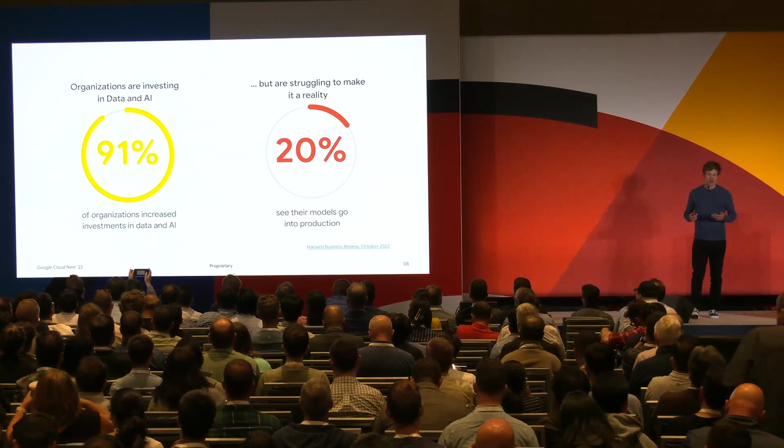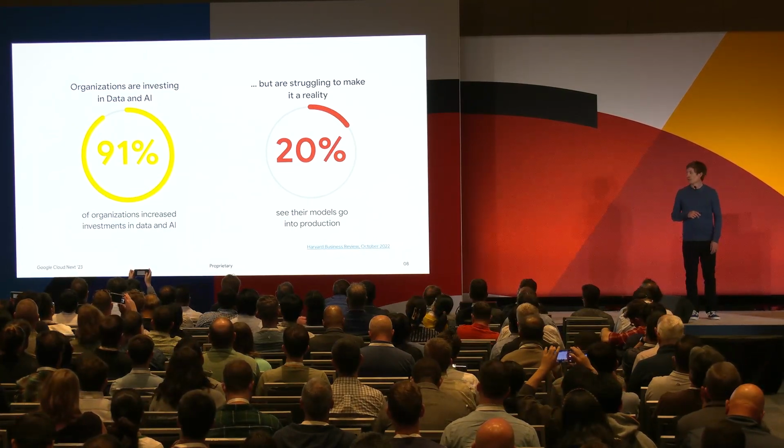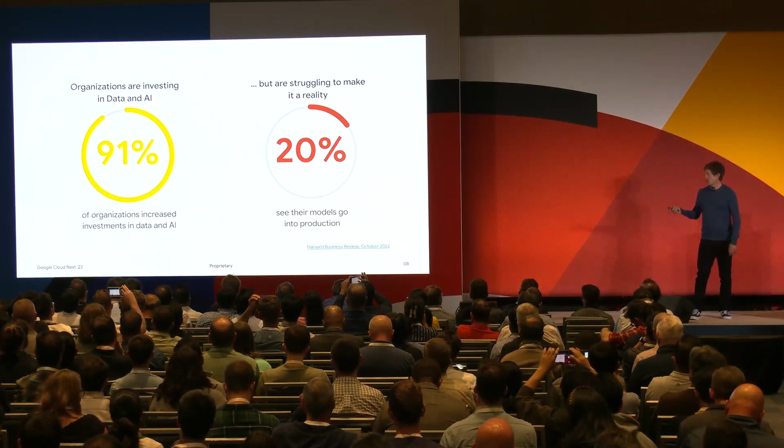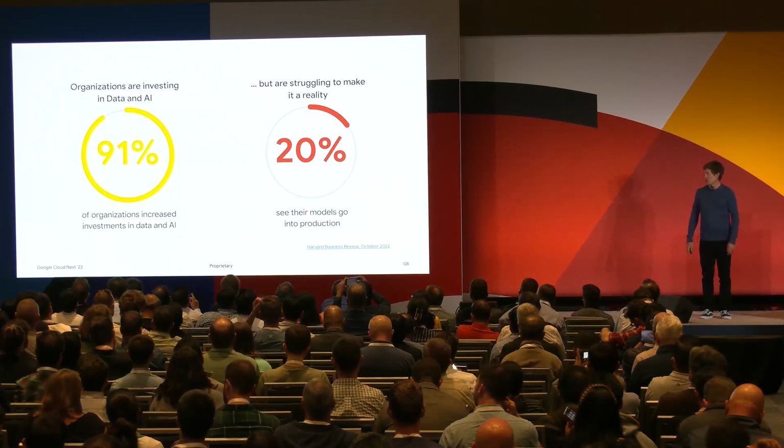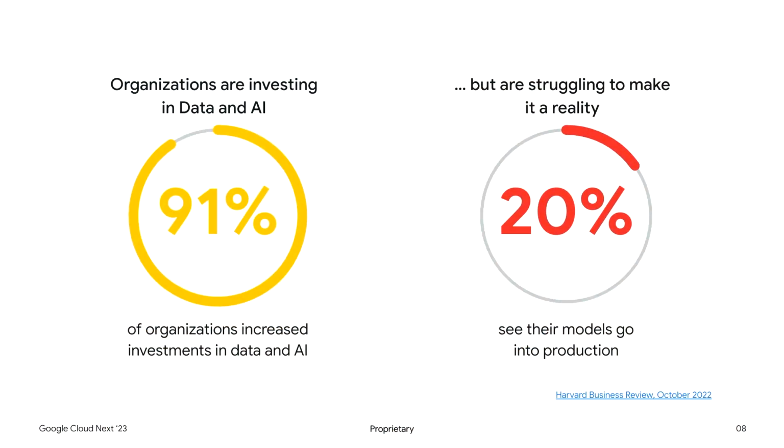None of us here, I think, are alone in this journey. We did a survey, 91% of organizations are actually trying to increase all these investments. But really, if we think about tensions and things that are coming against this, only 20% of organizations are actually realizing use cases. And really then the question is, as analysts, as scientists, as engineers, how do we close this value gap?